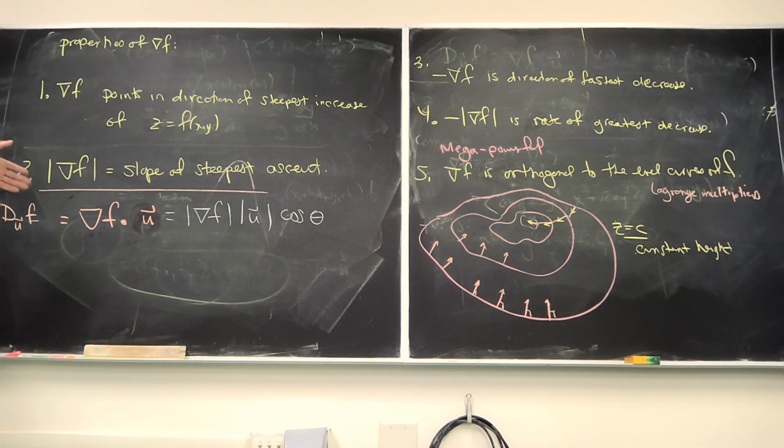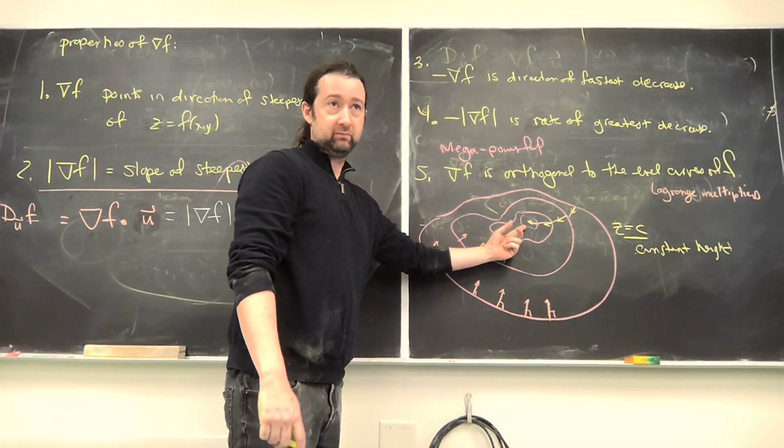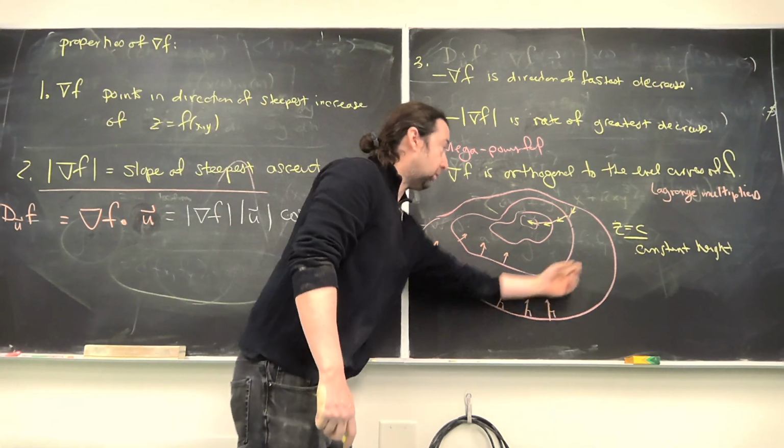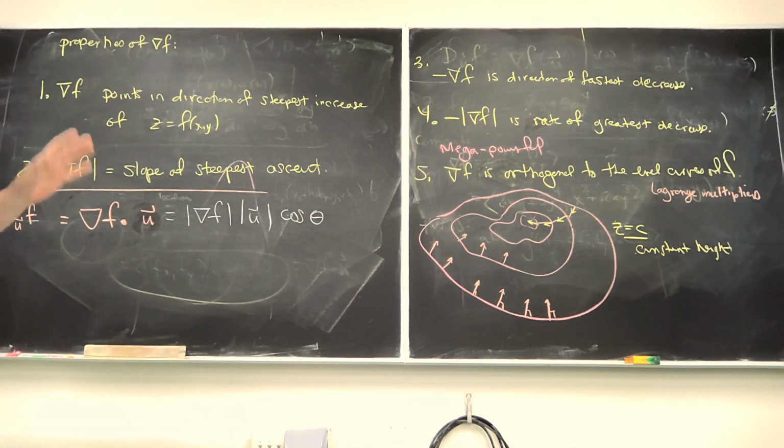The geometry of the gradient vector is the thing that's important. I can climb my way up to the top of a mountain by following the gradient, or I could climb my way down, or I could climb my way around. The gradient vector tells me how to do all of those things, and they're all used in practice a lot.